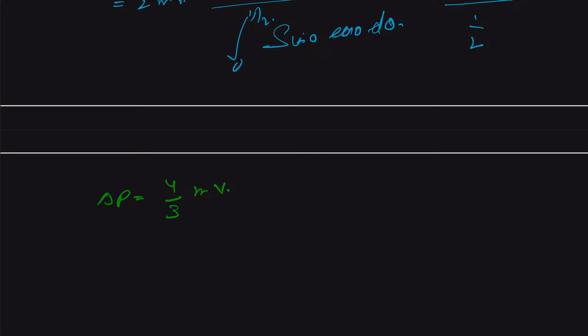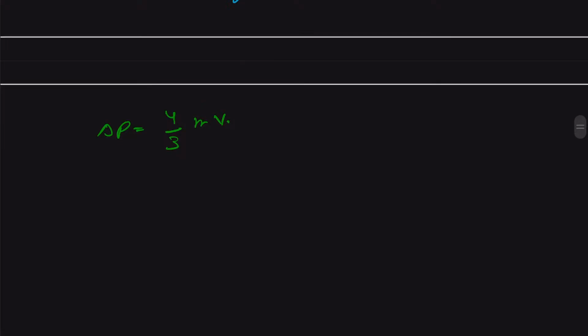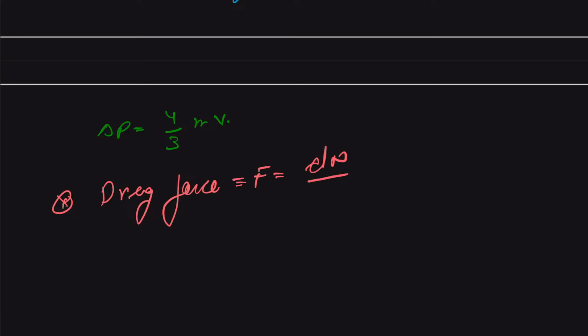Now we come to the basic definition of drag force, from which we started. We can say our drag force F will be equal to the rate of striking this sphere times the momentum.